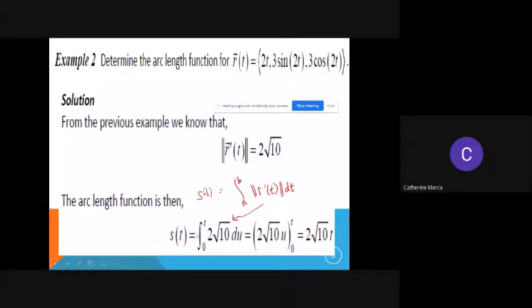But because it's now in terms of t, then you can have 0 to t, 2 square root of 10. Instead of dt, you will have your du. And your variable u can be replaced, since it is r prime t.